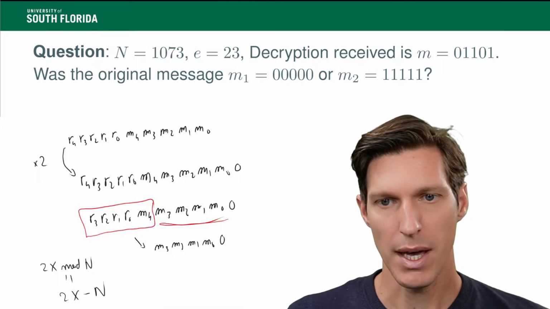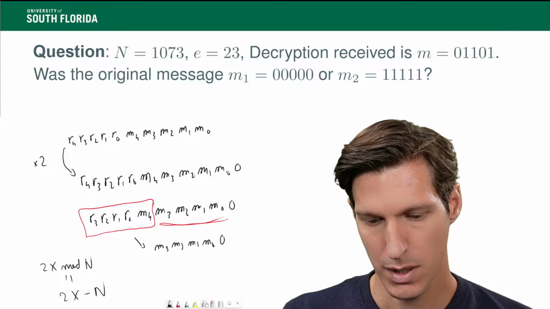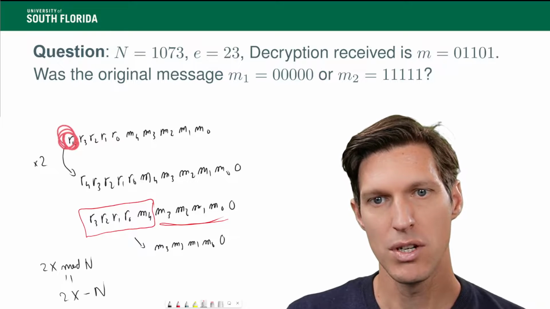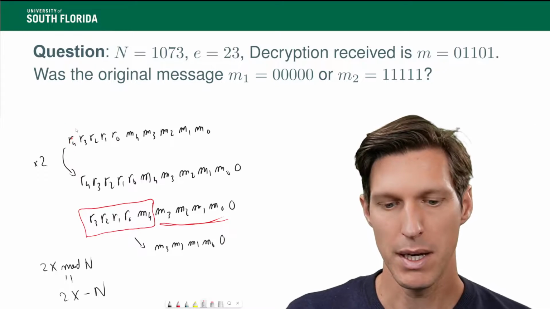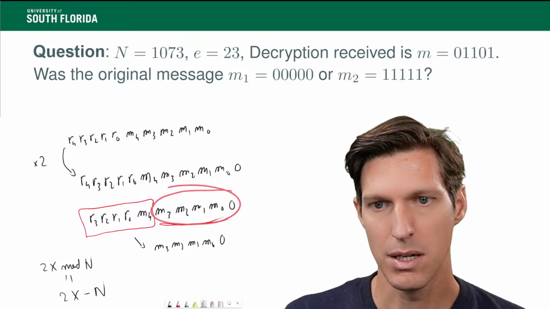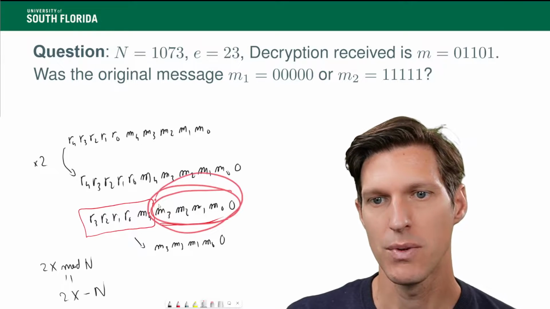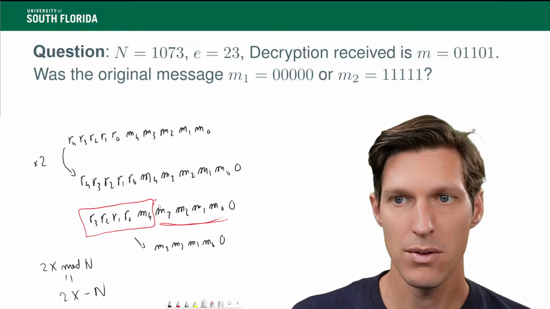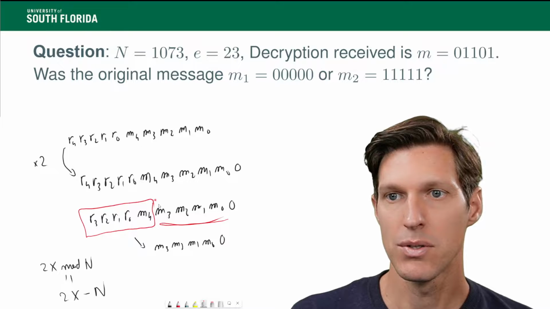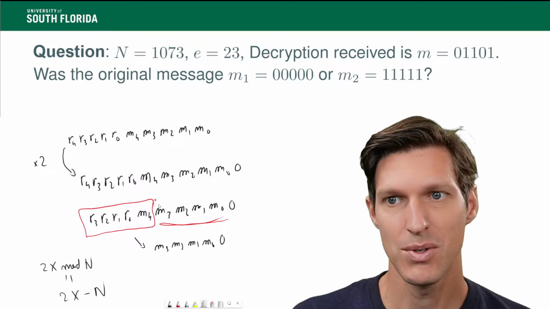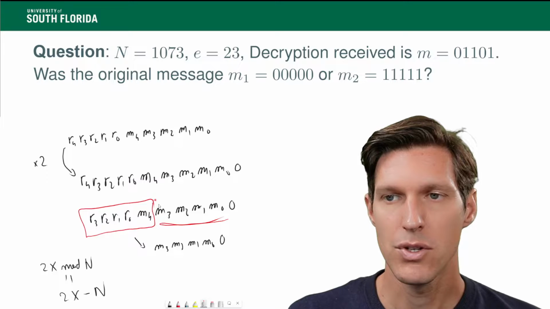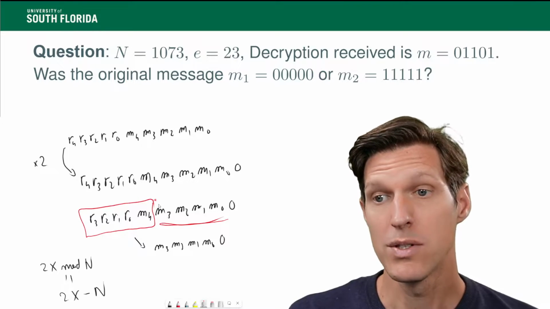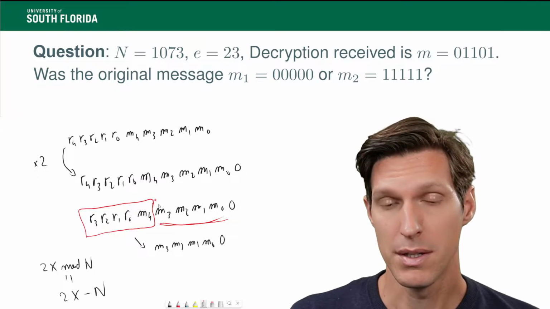Now, in the favorable case, remember when R4, the padding chosen by the adversary, is 0, what I would anticipate is that kind of message in return as the adversary. But I can see that M, which is 01101, is neither the shift of 00000, which would be just itself 00000, or the shift of 11111, because then it would be 11110. Okay, so I know that I'm already not in this case.